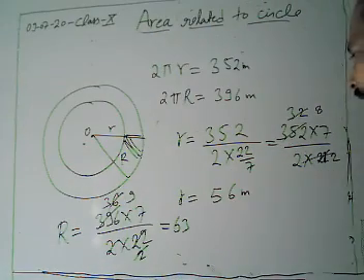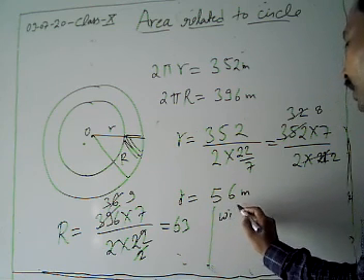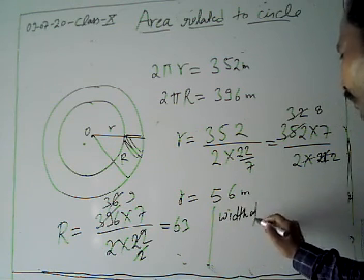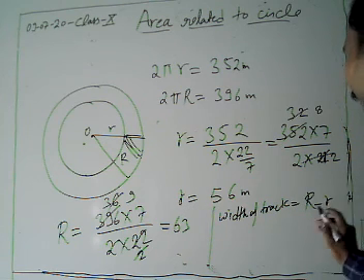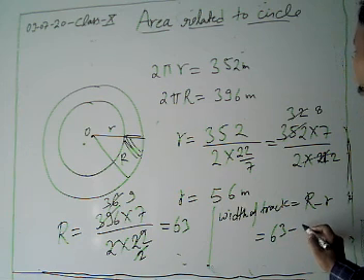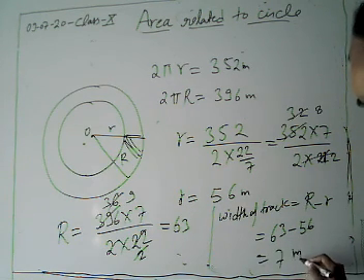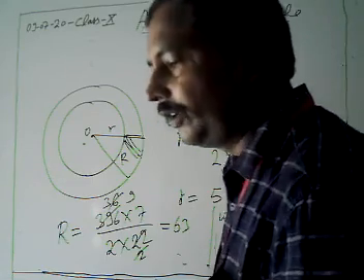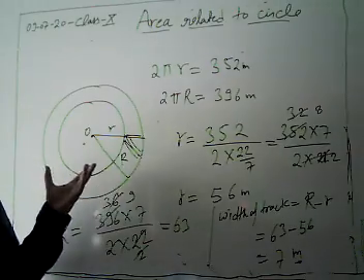We get 63. Now we have to find the width of the track. Our width of track is given by capital R minus small r, 63 minus 56, which is 7 meter. The width of our track is 7 meter. This is our required answer.